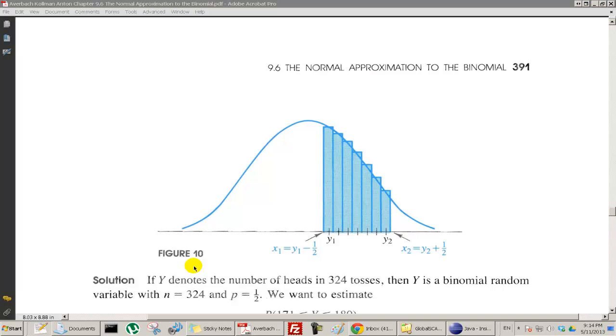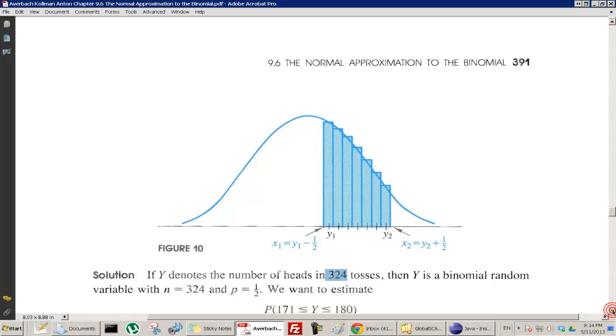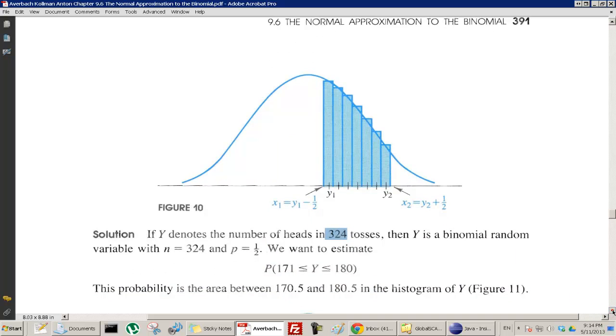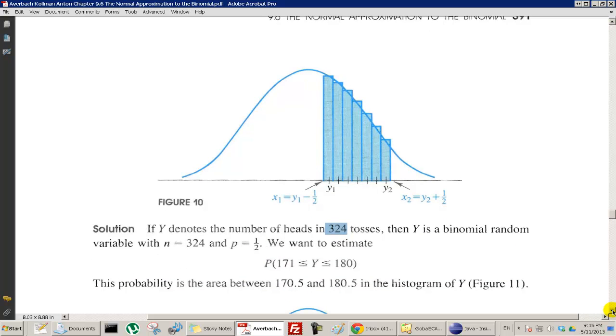So let's look at the solution. If y denotes the number of heads in 324 tosses, then y is a binomial random variable with n equals 324 and p equals a half. We want to estimate the probability that y is between these two values.